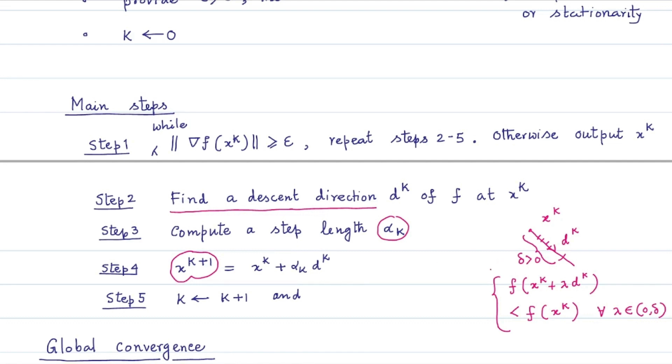When the algorithm generates a sequence xk so that in consecutive iterates the function values are decreasing, that is f(xk plus 1) is less than f(xk), then we call such an optimization algorithm as having the descent property.